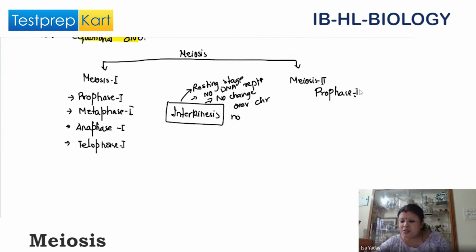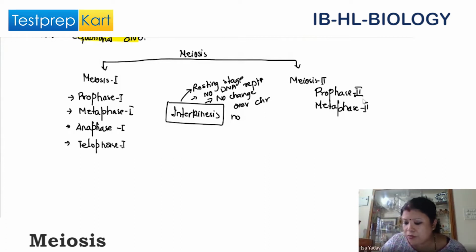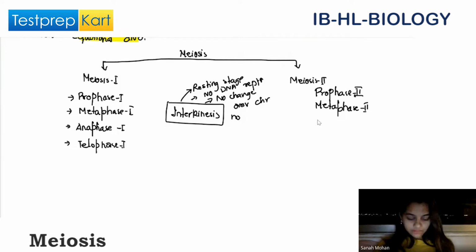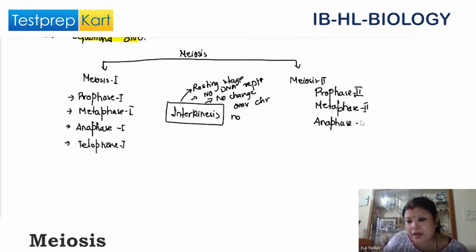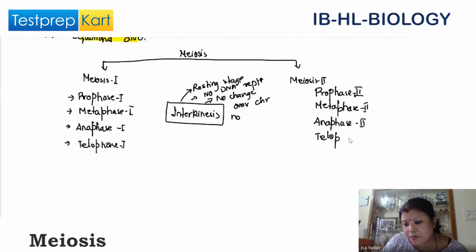Metaphase 2, then anaphase 2, then telophase 2.